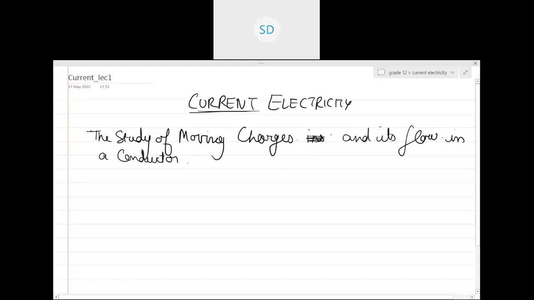So basically, we'll be seeing its flow in a conductor. The first thing which you define in this case is the 10th grade definition: electric current. What is electric current?